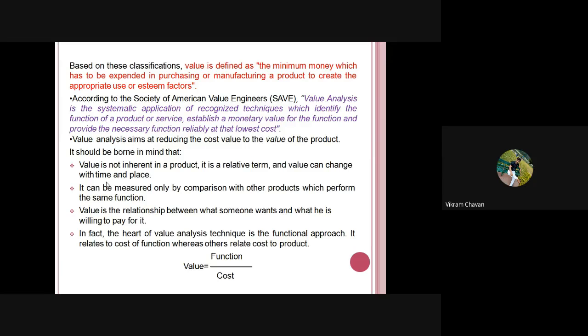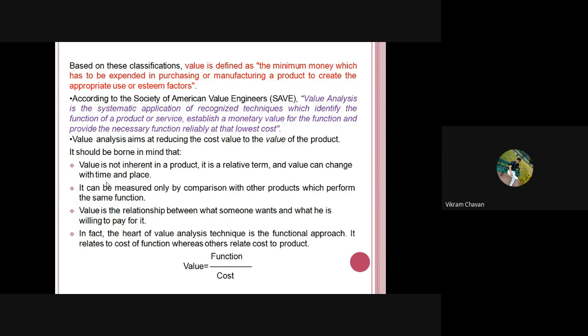It relates to cost of a function, whereas others relate cost to product.